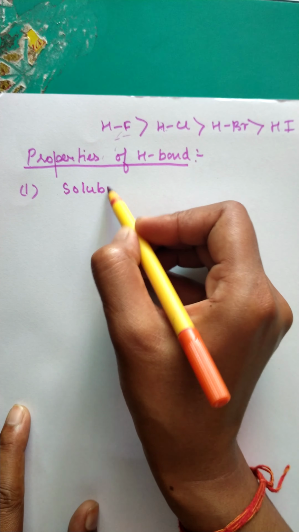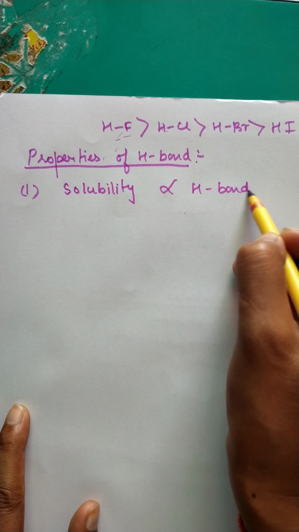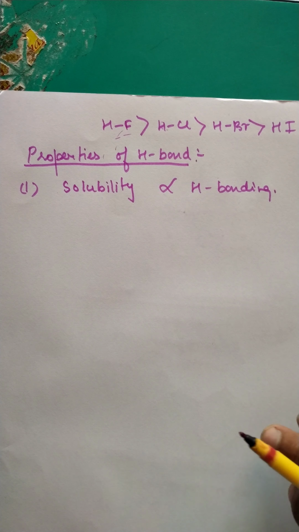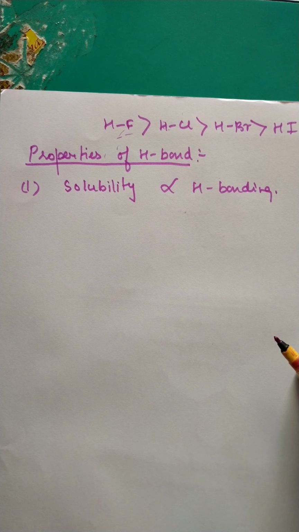So solubility is directly proportional to hydrogen bonding. If hydrogen bonding is more, then the solubility is also more. The organic compounds like alkane, alkene and ether are insoluble in water because they do not form hydrogen bonding, while alcohols and acids are soluble in water because they form hydrogen bonds with water.